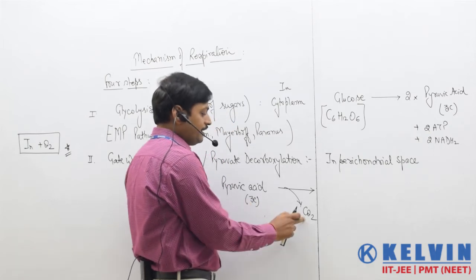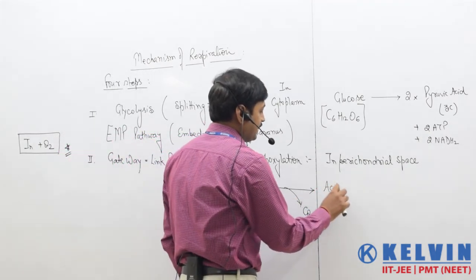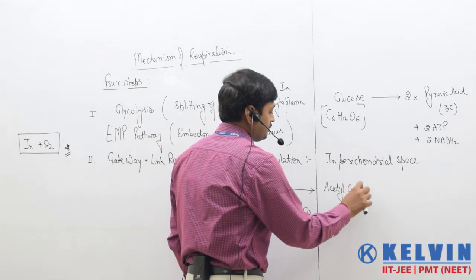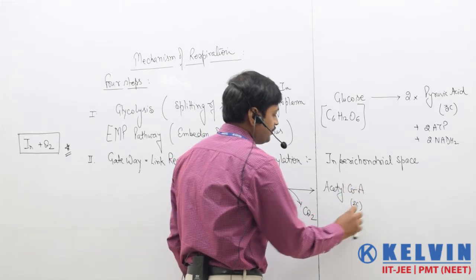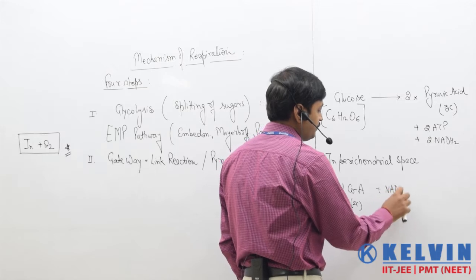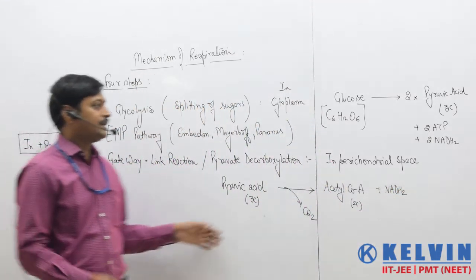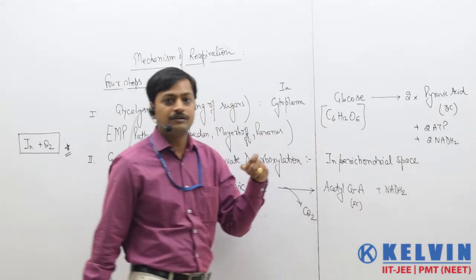So from 3-carbon, if one carbon dioxide is released, we have a 2-carbon compound, that is acetyl coenzyme A. And during the reaction, one molecule of NADH2 is formed. It also serves as a source of energy, just like the NADH2 formed during glycolysis.